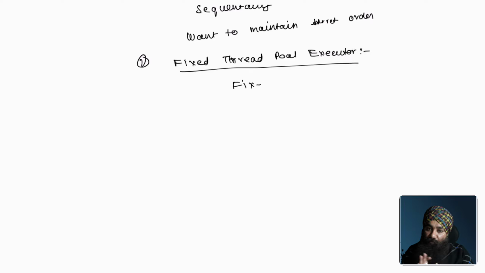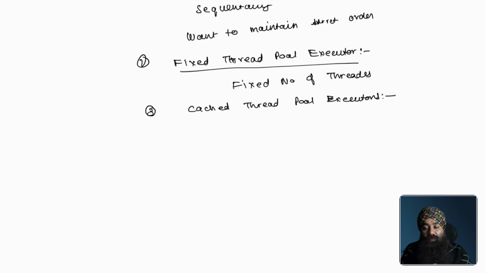So this is a fixed number of threads. The next one is the cached thread pool. This pool can create more threads as and when needed, and it can reuse the threads that were previously created as well. Okay, so it started with 10 threads. If you submit more tasks, it can create more threads as well.